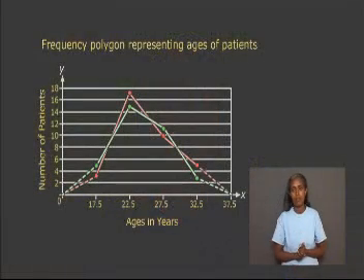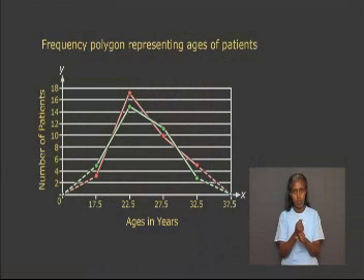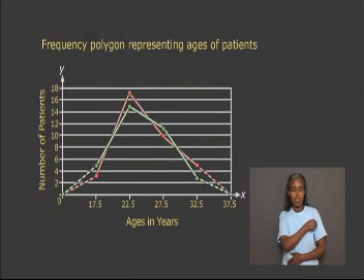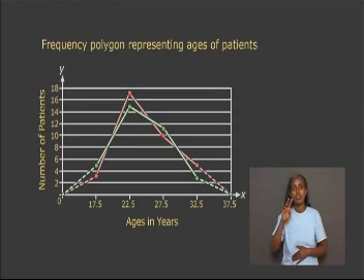Frequency polygons are more meaningful if comparison data is superimposed on the same graph. In the example we just worked on, data from another medical clinic could be plotted on the same graph. In that way, we could compare the ages of patients at 2 different clinics.